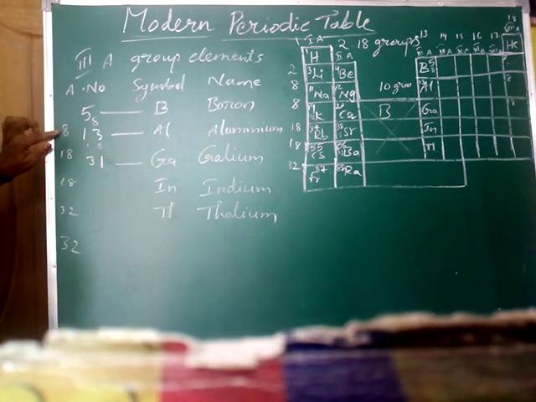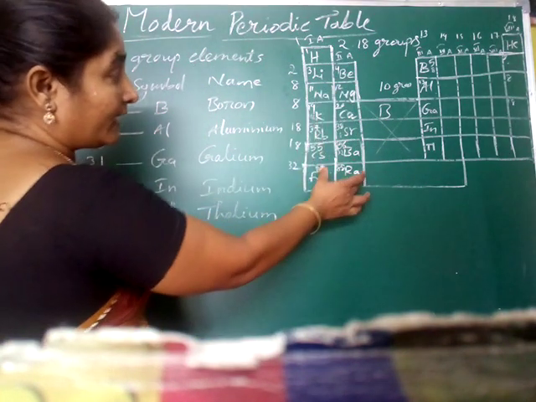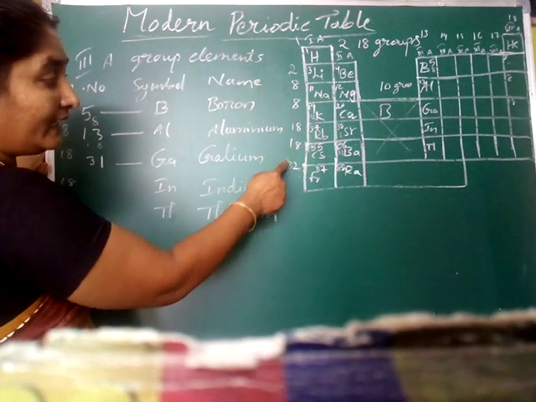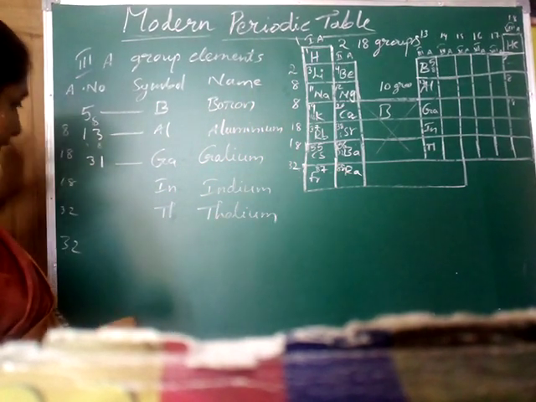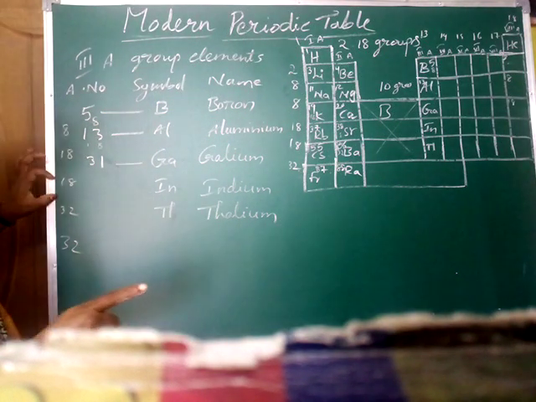We have to add 8, 18, 18, 32, 32. For S block elements, 2, 8, 8, 18, 18, 32 have to be taken. You see, don't confuse here. Only one 8 has to be added, and two 18s, like that.